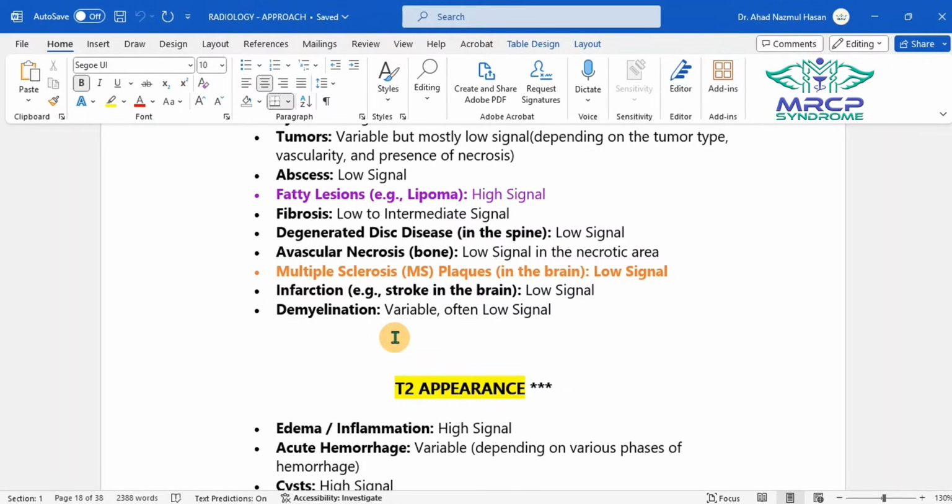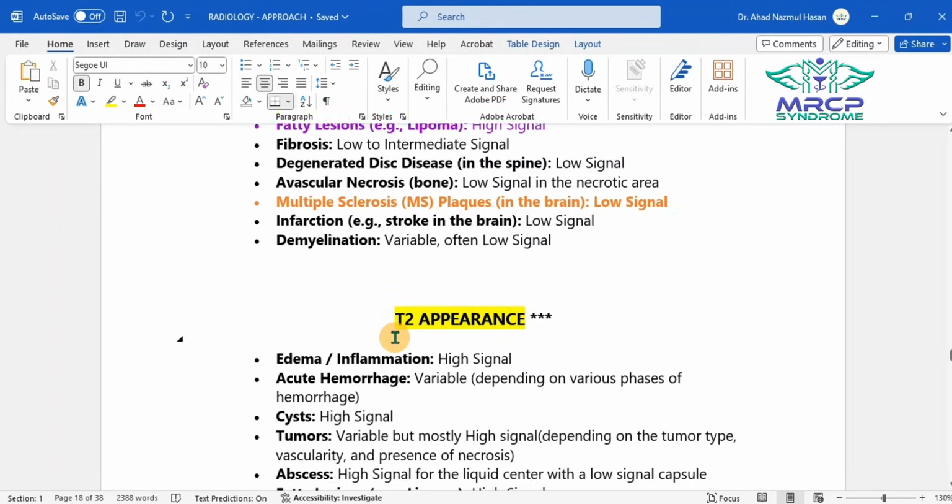In avascular necrosis, especially of the femur, in T1 there will be low signal intensity, but in T2 this is variable depending on the duration. And with respect to multiple sclerosis, multiple white matter plaques, in T1 it should be low signal, and in T2 it should be high signal.